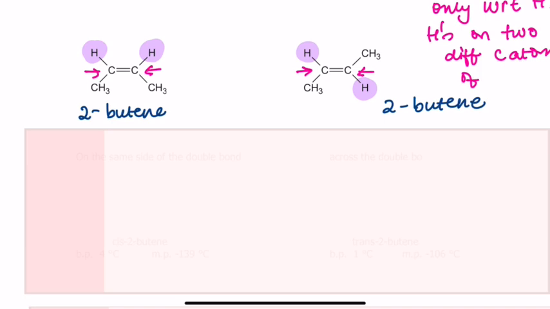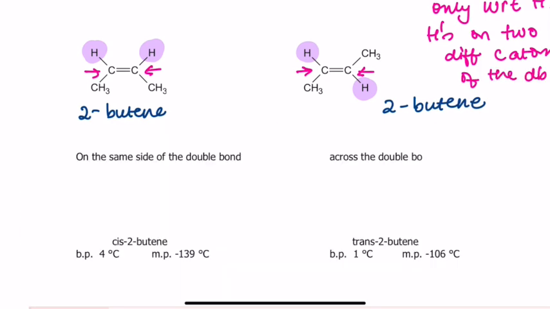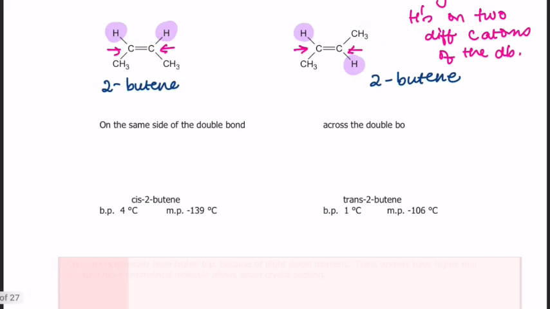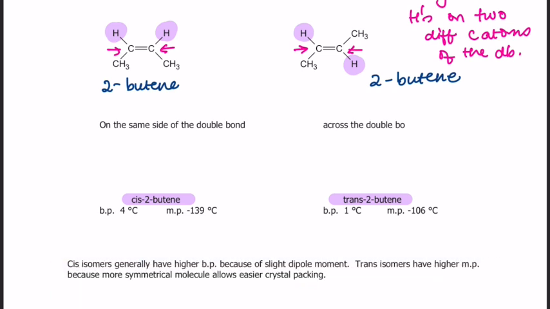So the solution we have come up with is, when the hydrogens are on the same side, we call it a cis isomer, and when the hydrogens are on opposite side, we call it a trans isomer. So the names become cis 2-butene or trans 2-butene.